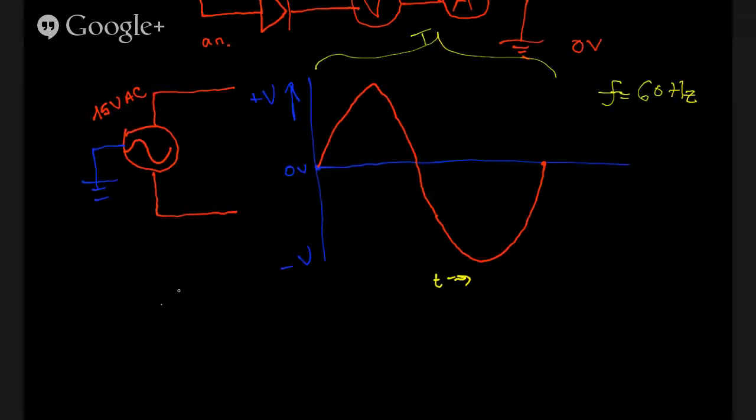We're going to have to go into RMS now. Because it is a sine wave, we're going to be dealing with root mean square. So this would be about where 15 volts is. We call it 15 volts AC because of a property inherent to alternating current and sine waves.